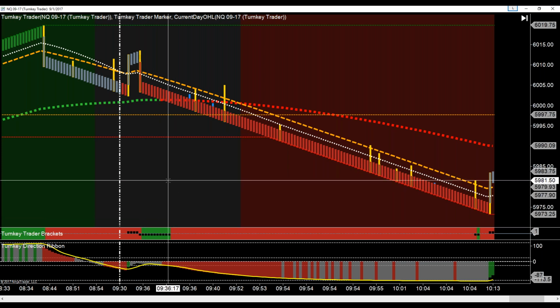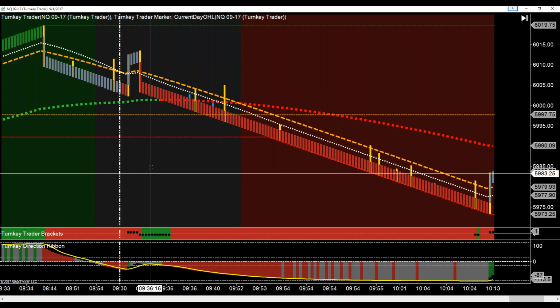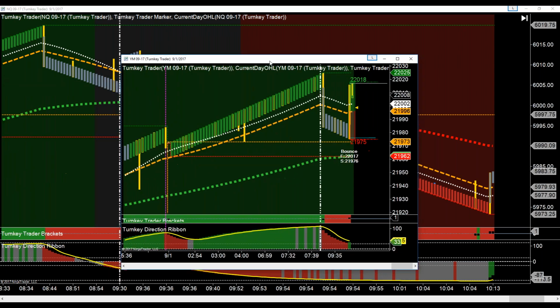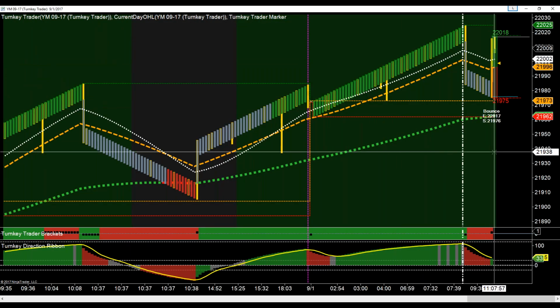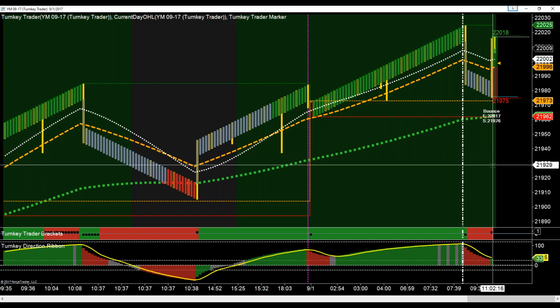Not this week, but all right, so let's hop into looking at some trades. So we actually had a bounce setup in the YM. The YM is one I haven't really been watching a ton this week as it's just been pretty slow.